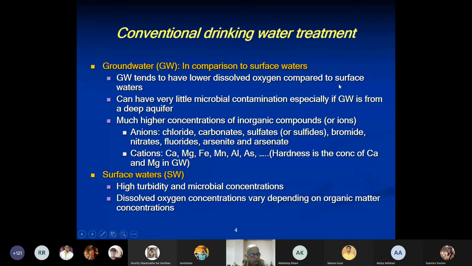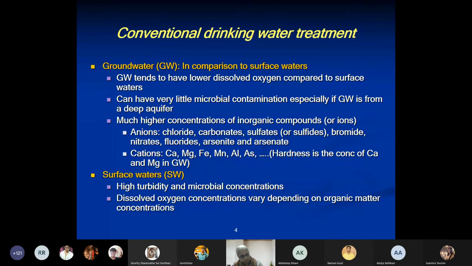So we've already seen how dissolved oxygen levels in surface water changes for various reasons. Now, groundwater, because it's not in equilibrium, has a lower level because of that, not necessarily because of pollution. Even unpolluted groundwater is likely to have less dissolved oxygen compared to surface water. That's point number one.